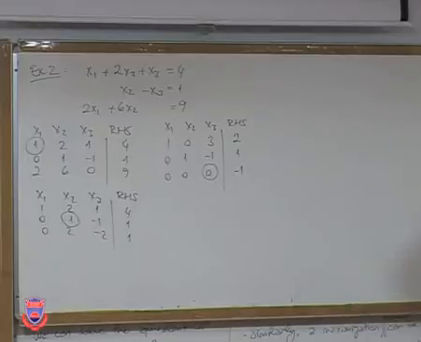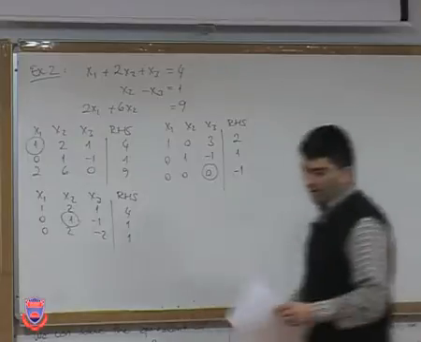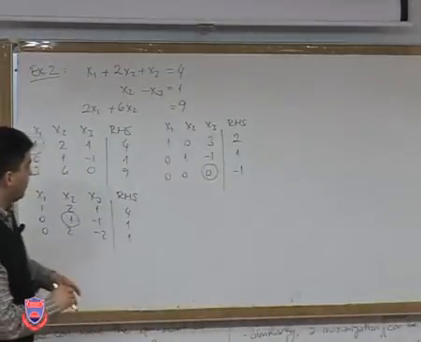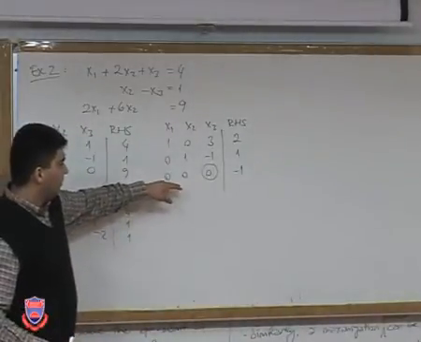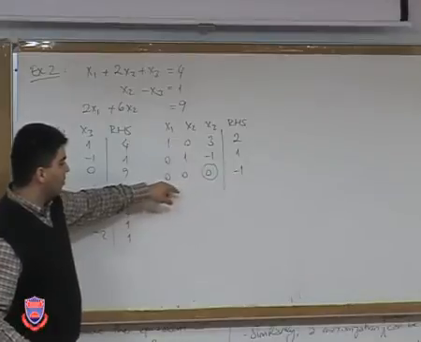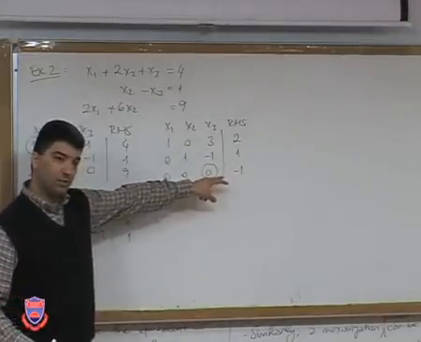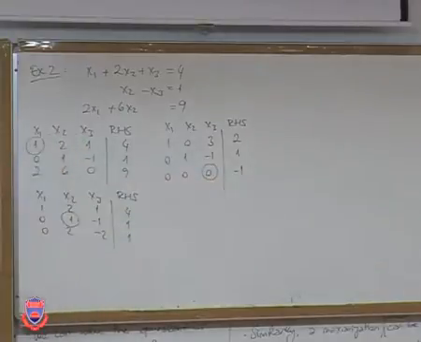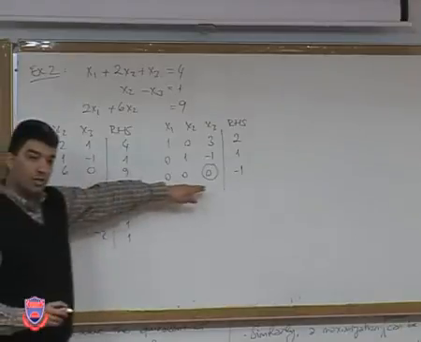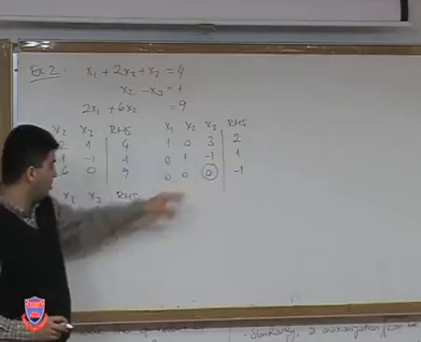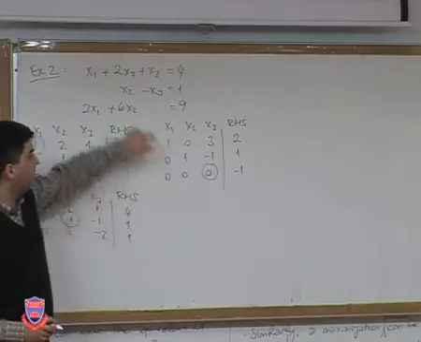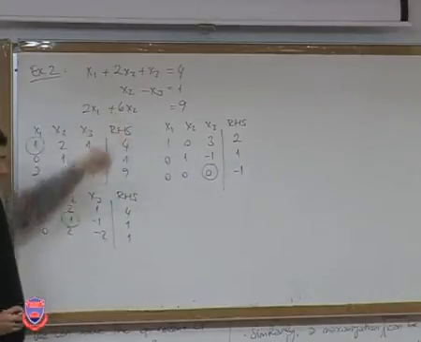Now, what does that final system say? There's no solution, right? Why is there no solution? Because essentially, if you read this in terms of equations, 0 times x1 plus 0 times x2 plus 0 times x3 has to be equal to -1, right? And that can never happen. The left-hand side is 0, right-hand side is -1, which means that this system has no solutions, okay? And since all these systems are equivalent, that implies that this system has no solution either, okay?